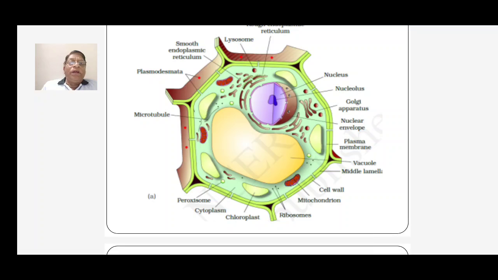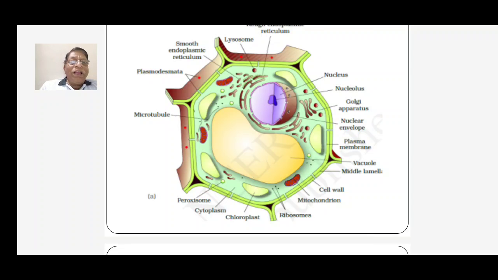You can see it is the cell wall. The cell wall is present only in the plant cell and it is absent in the animal cell. Very important point.